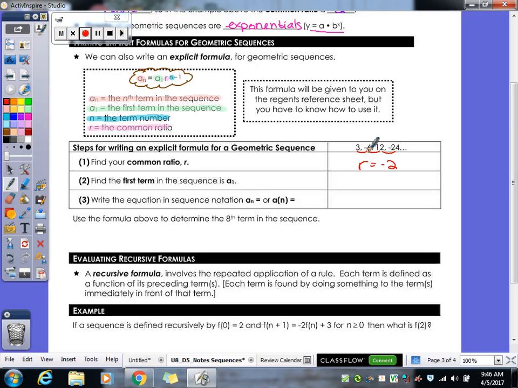It goes positive, negative, so that means your r value is a negative. And then 3 times 2 gives you 6, 6 times 2 gives you 12, 12 times 2 gives you 24. If you could not figure it out, the easy way is you take your second term, put it over your first term, and that's your common ratio.